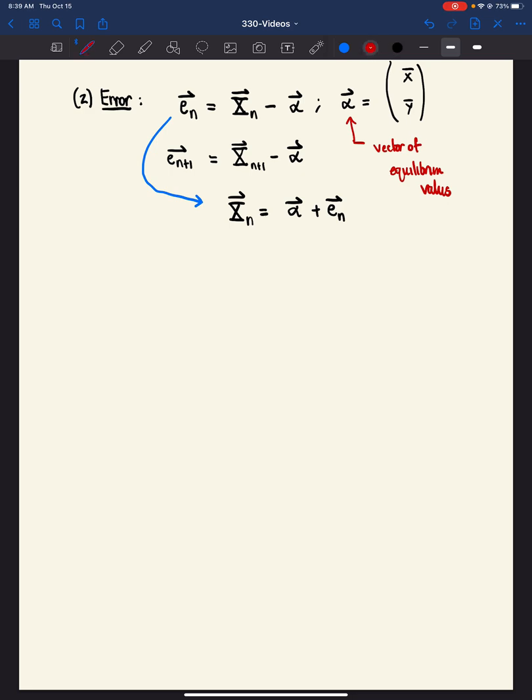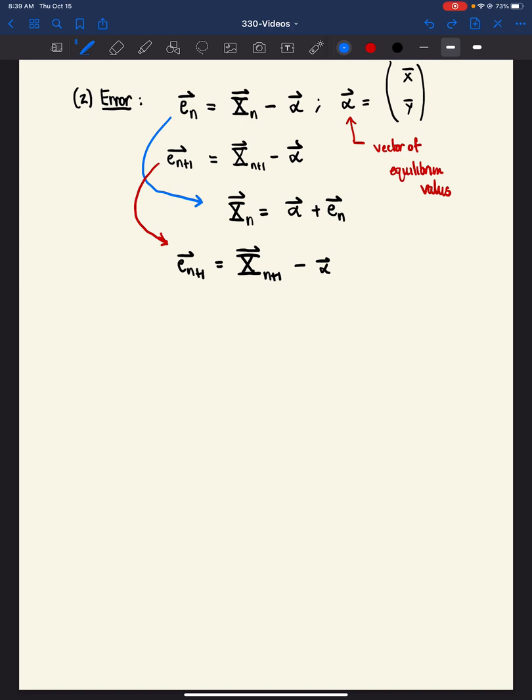And then we're going to go ahead and take our next iterative error value, e n plus 1, and we're going to start substituting in what we know some quantities to be. So remember, what we called this was actually equal to our iterative function of how we're getting to the next iteration values.